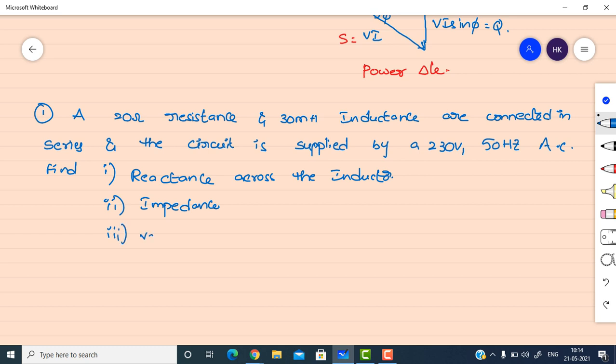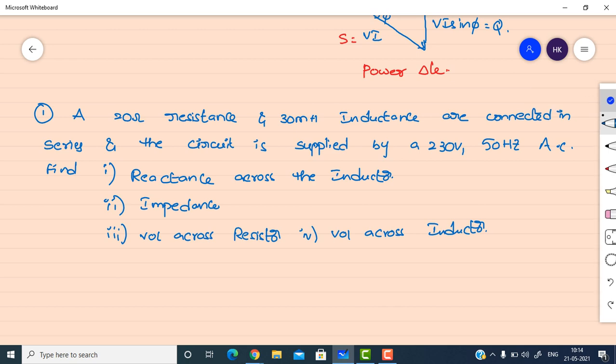Third one, voltage across resistor. Fourth one, voltage across inductor. This is the question given.